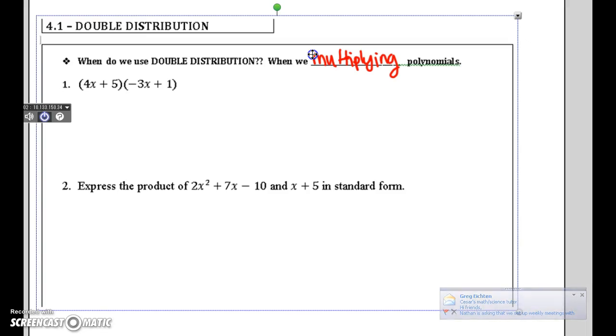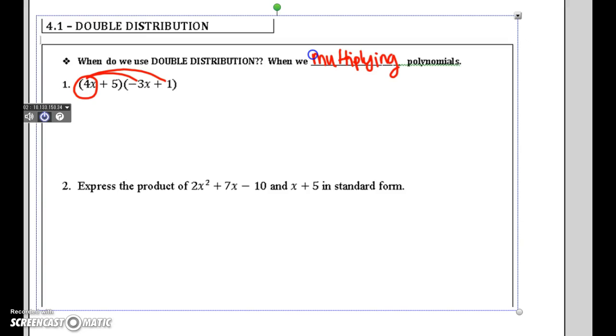So in my first problem, I have 2 binomials. And when I double distribute, I'm going to think about taking the first term and multiplying it or distributing it to every term in the second quantity. So I'm going to take my 4x and multiply it times negative 3x.